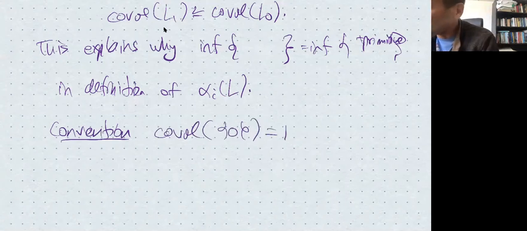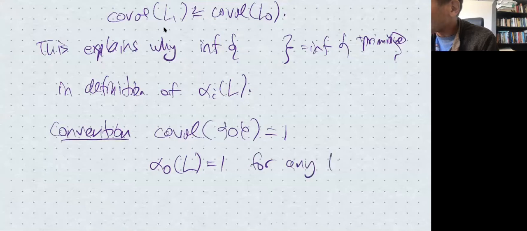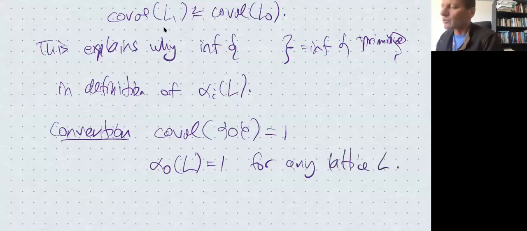It's the only subgroup of rank 0, and alpha 0 of L is 1 for any lattice. Okay, that's just a convention that will be useful for making formulas more precise.